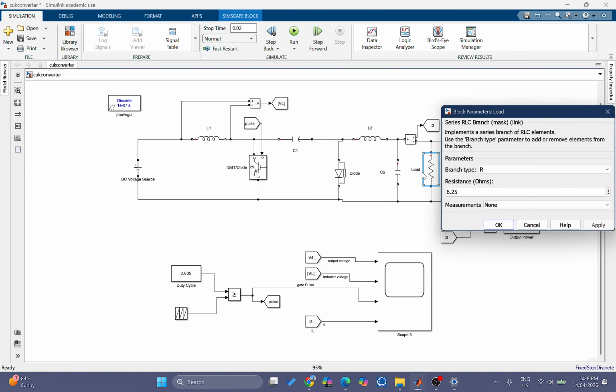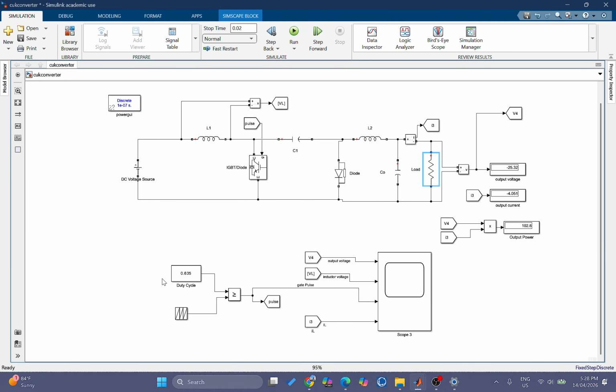And our load is 6.25. Okay, let's simulate. Now even if your input voltage is changed, the output you are getting from the converter is still 25.42.